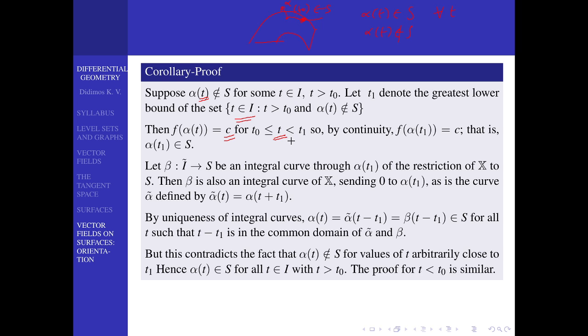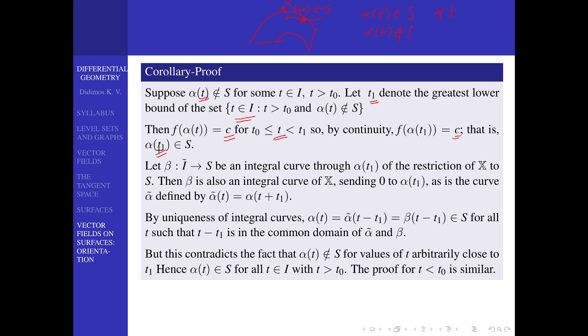So if this is the case and f is continuous, then you can apply the continuity. Then f of alpha of t1 is also c. So if this is the greatest lower bound for the set, then at that point we have f of alpha of t1 equal to c. This shows that alpha of t1 belongs to S. Clear? So that is a point on the surface.